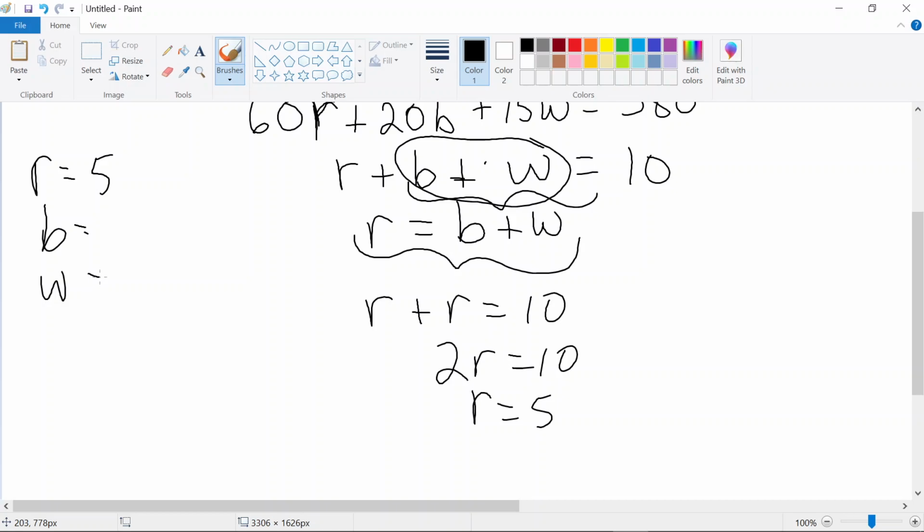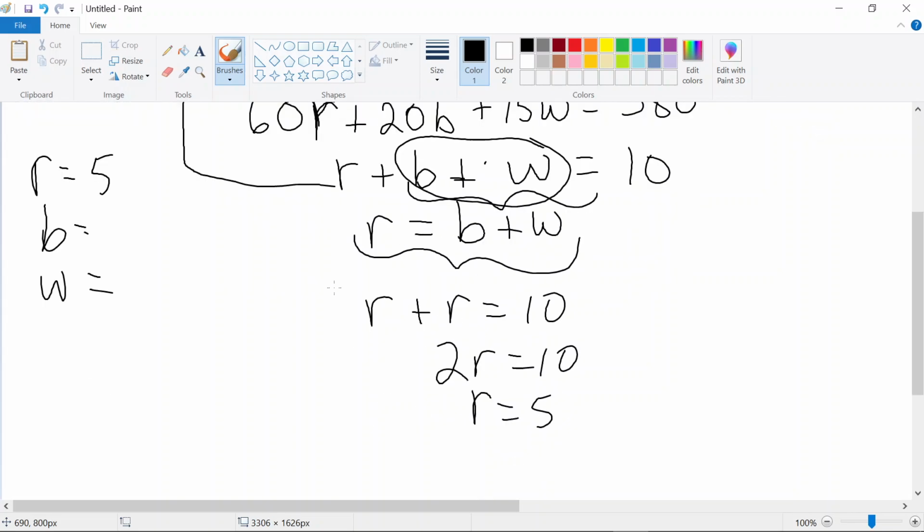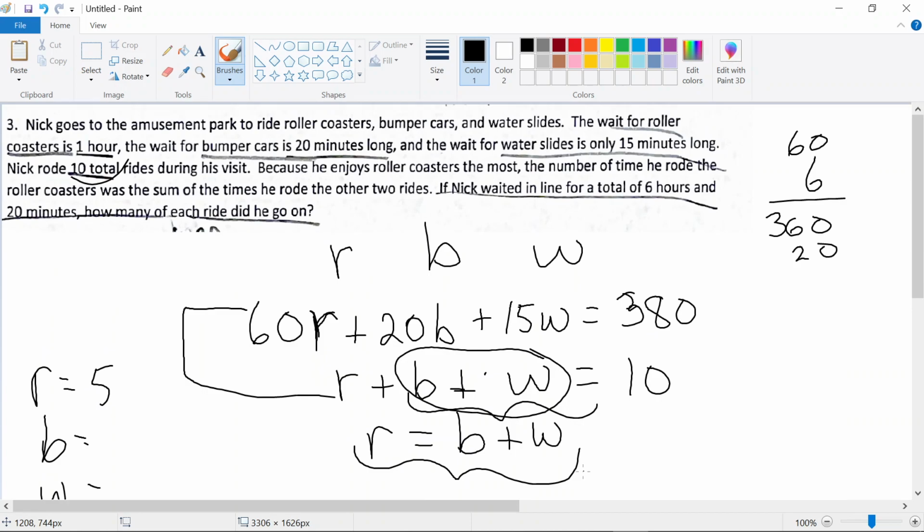So let me take that now, R is 5, and put it into either one of these equations. I guess it doesn't matter which one I put it into. I'll just do those two. So I'm going to do 60, and I'm putting in 5 for R, times 5, plus 20B, plus 15W equals, and how many minutes? 380.